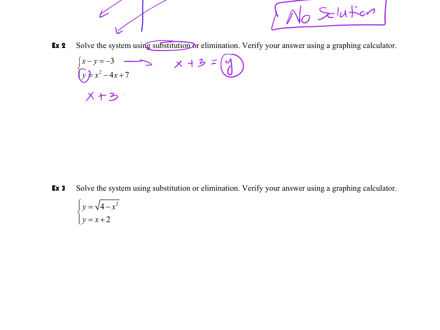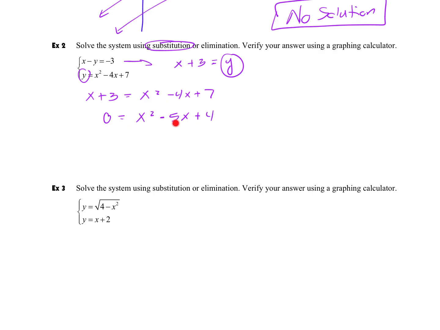So x plus 3 equals x squared minus 4x plus 7. We've got a quadratic, so we're going to move everything over to the right-hand side to keep our quadratic term positive. So we'll have 0 equals x squared minus 5x plus 4.